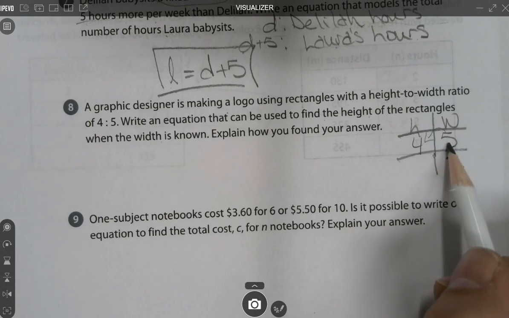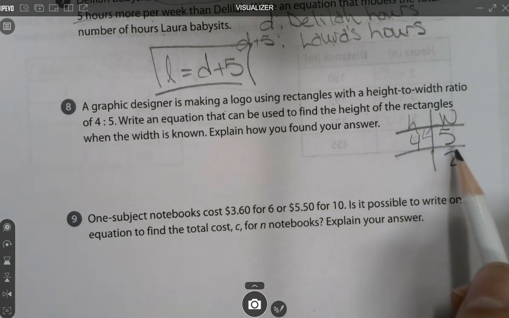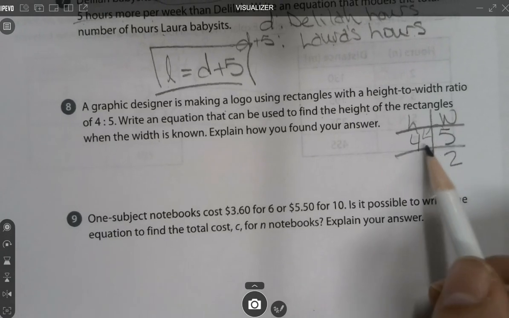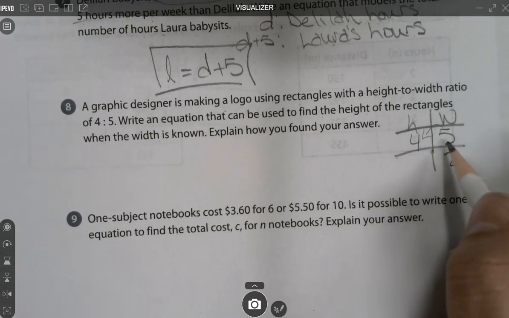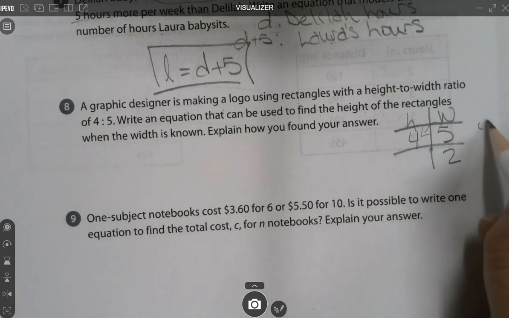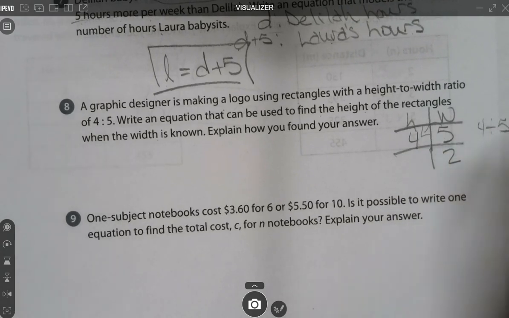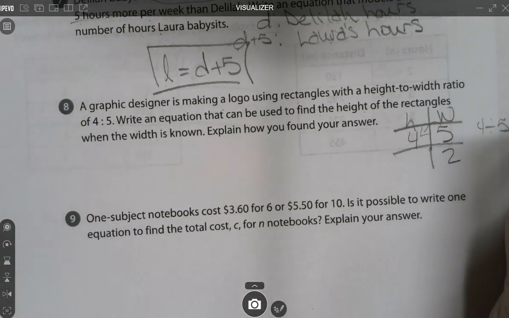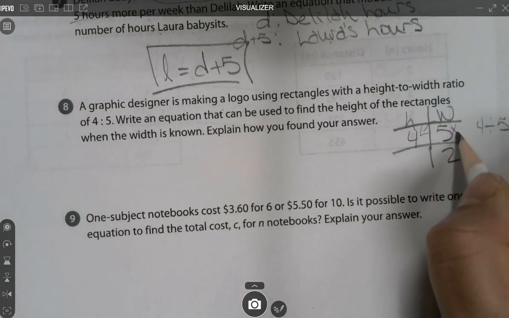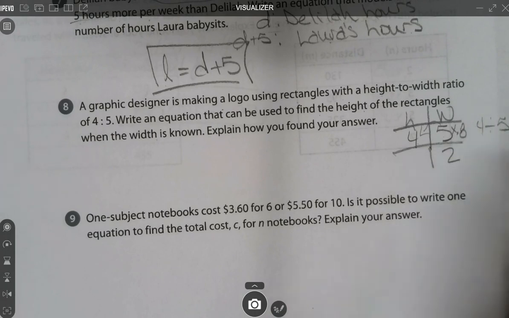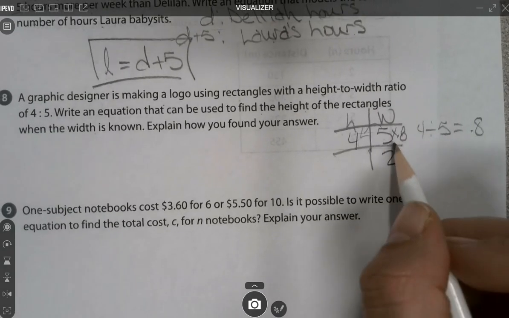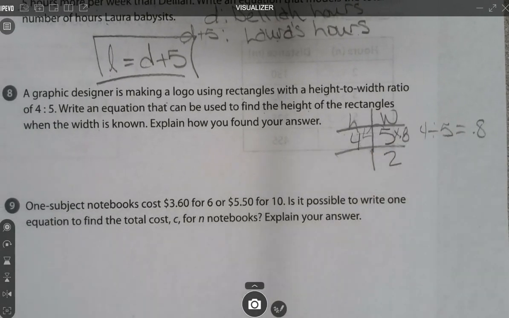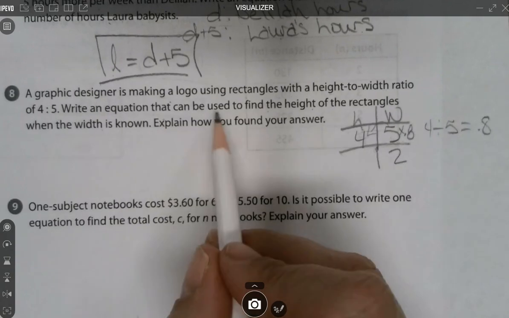Well, 5 times or divided by something would give me 4. Let's just do 4 divided by 5. 4 divided by 5 would give me 0.8. So aren't I multiplying the 5 times 0.8? And that would give me 4. Because it says write an equation that you can use to find the height.